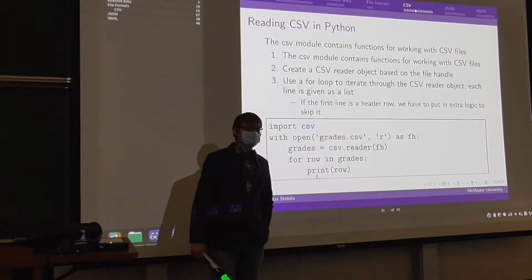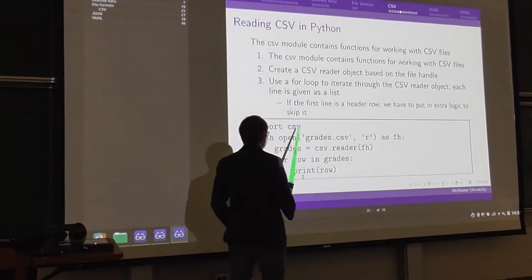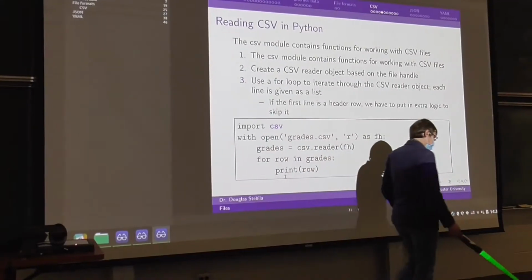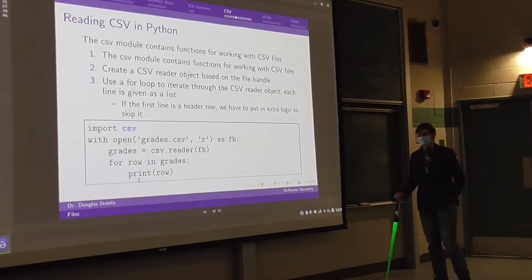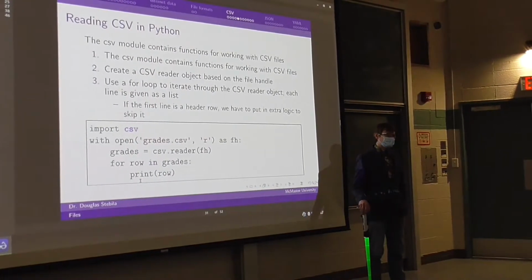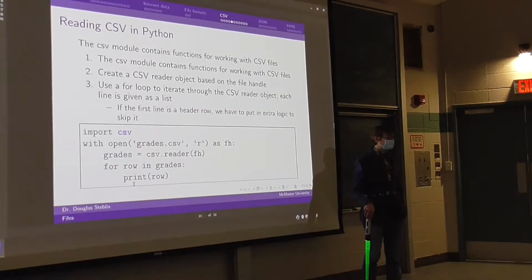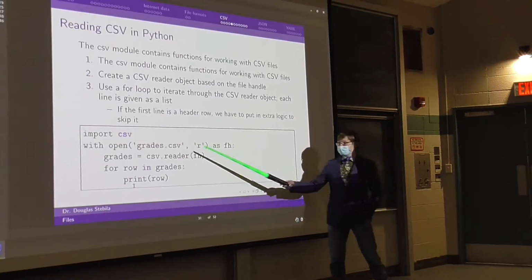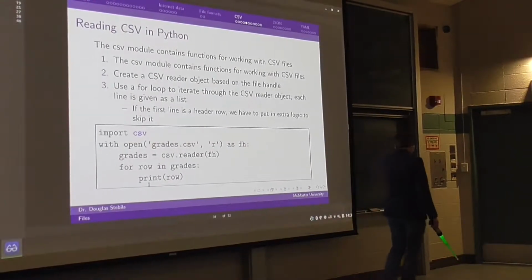So, if in Python we wish to read in a CSV file, CSV files are sufficiently simple that it's not absolutely necessary to use the library. I always recommend using the library because you should save yourself work whenever you can.